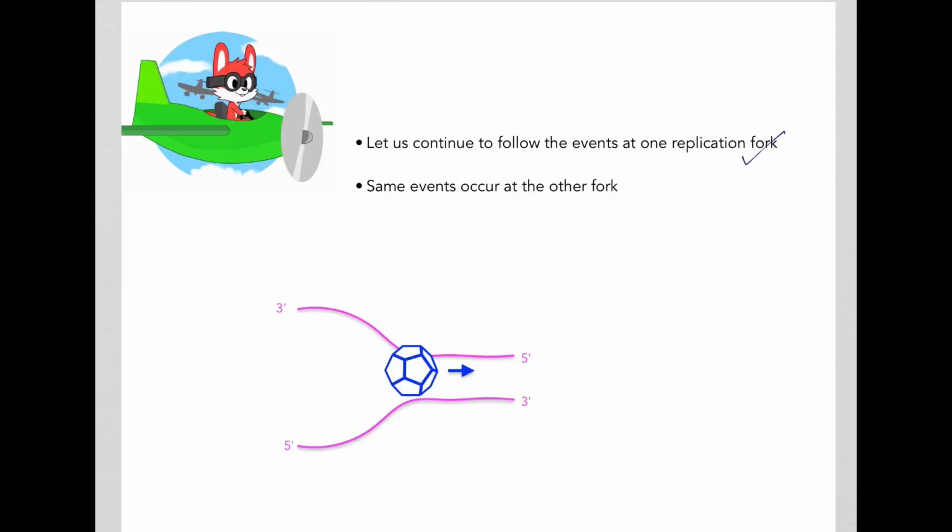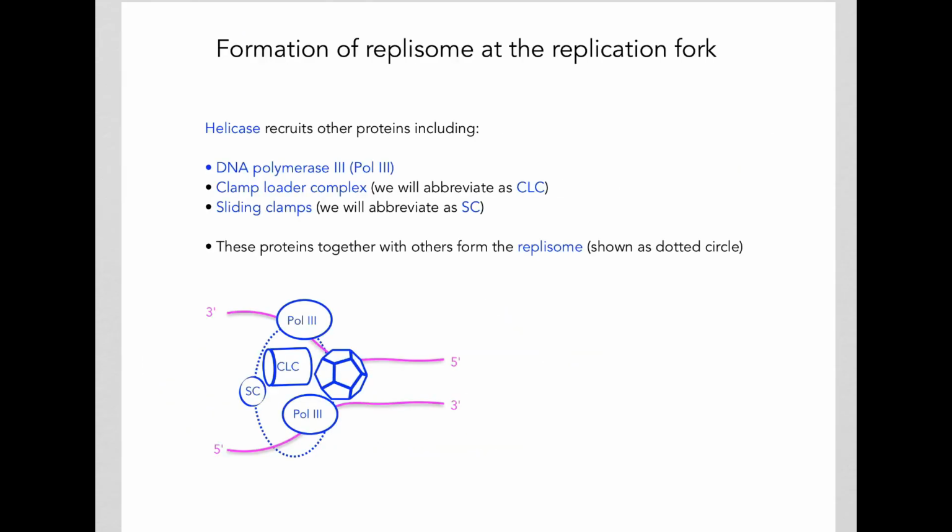So let's continue to see what happens. We'll just focus on one replication fork. Clearly the same thing will happen at the other replication fork. So from now on, we'll just focus on one replication fork. So at this replication fork, the helicase will now recruit other proteins, including DNA polymerase 3 that we'll call Pol3, this one here.